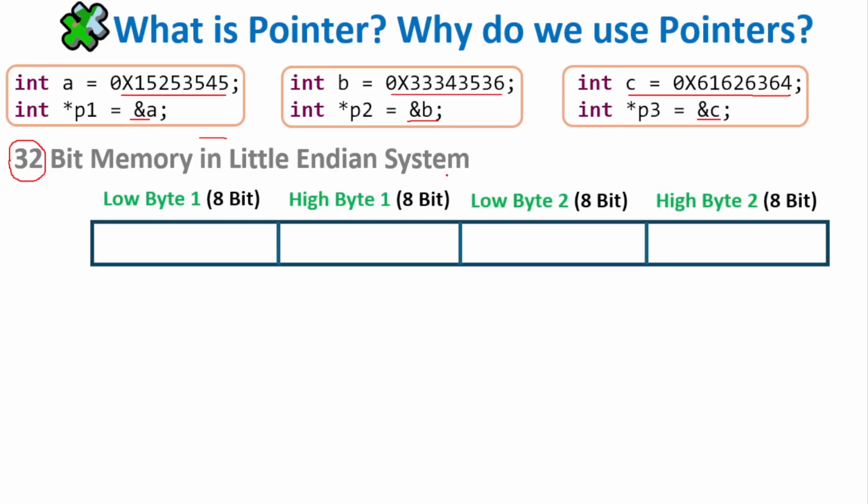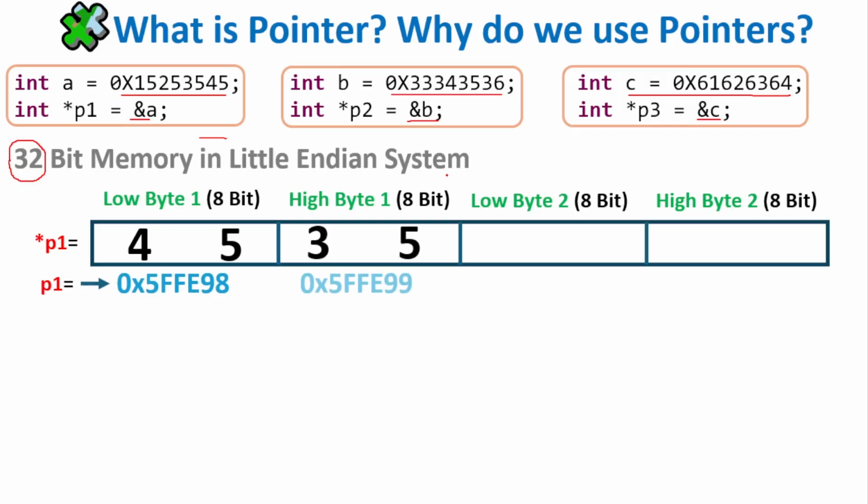The first box belongs to p1, starting at address 5FFE98 and ending at address 5FFE9B, and it contains the value 15, 25, 35, 45.